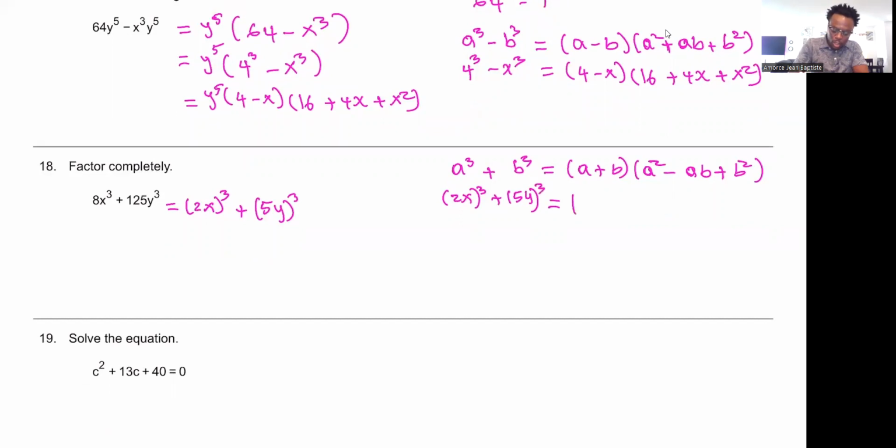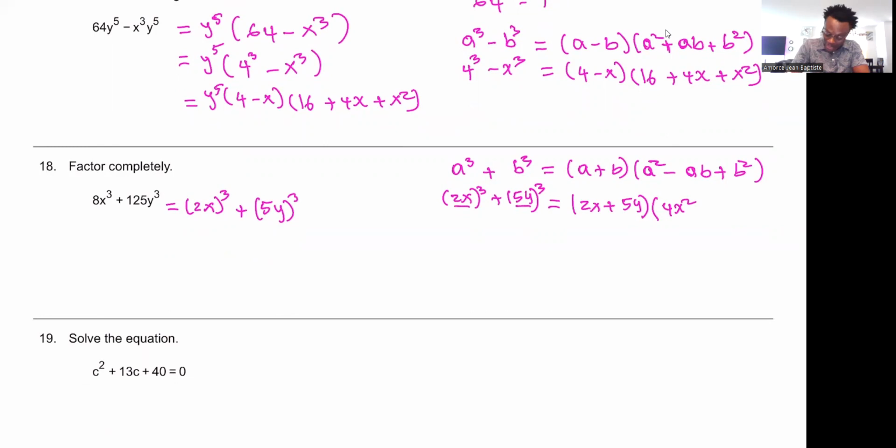And then now the first set of parentheses has the two bases of the exponents. So that is 2x plus 5y. And then the second set of parentheses where we put first the first base squared. So that's 4x squared. And we multiply the two bases. So that's 2x times 5y.